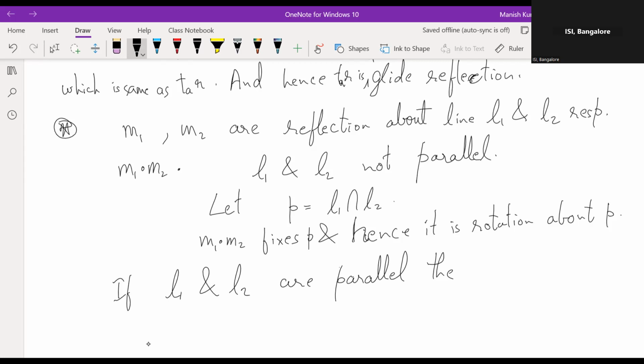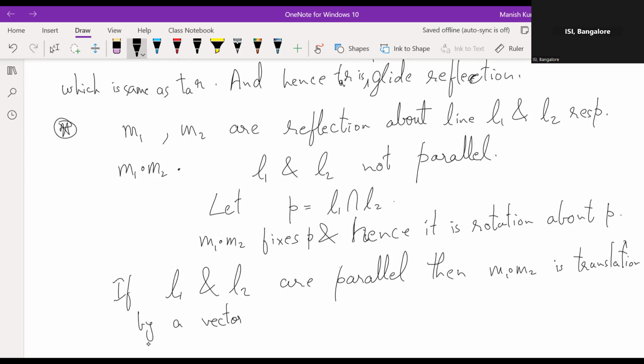So the x1 axis and the line 3 units up, parallel to the x1 axis. If you do the reflection about these two, then M1 composed M2 is a translation by a vector. What kind of vector will it be?